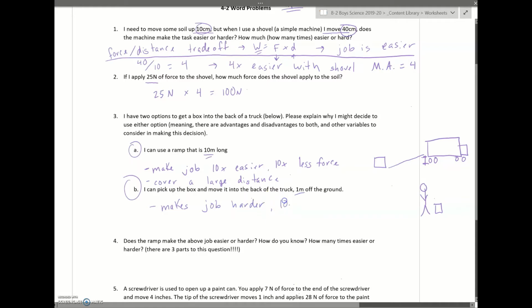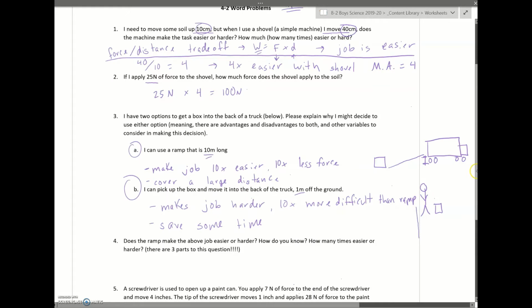Right? 10 times more difficult than if you were using the ramp. But it might save some time if the box is light enough that you don't need to use the really long ramp.